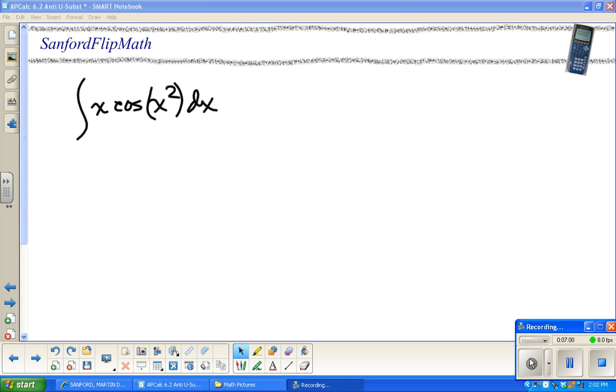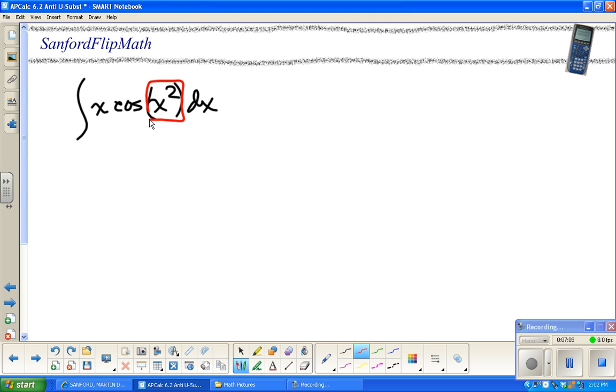Okay, so new example. We're going to do the antiderivative of x times the cosine of x squared dx. Now, the thing to notice here is, again, I have a function inside of a function. So I'm thinking that's probably u. It's the inside function that's going to be the u.